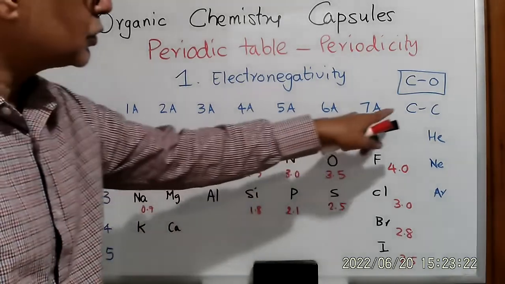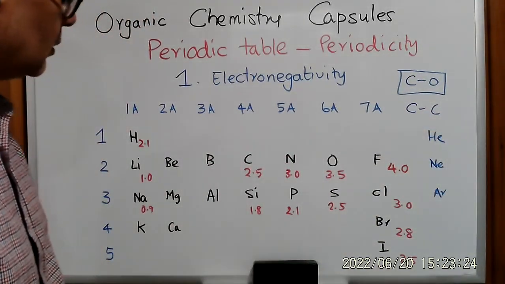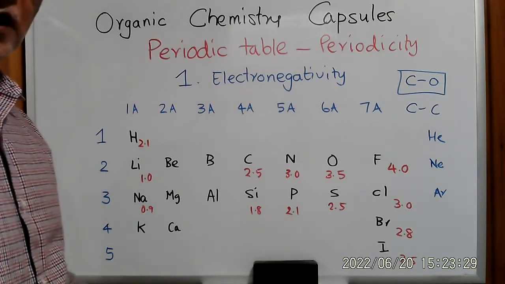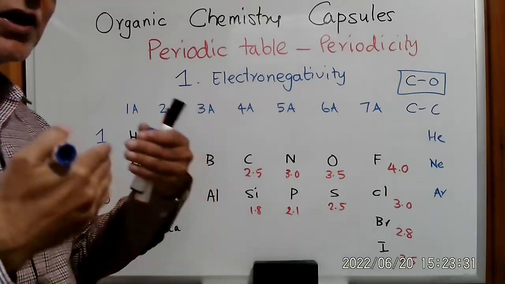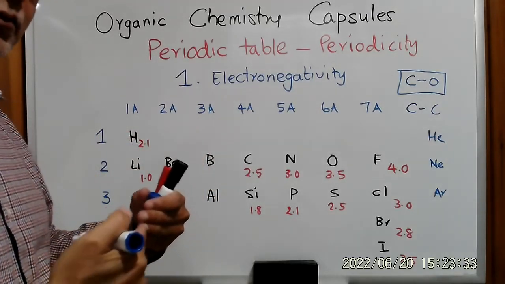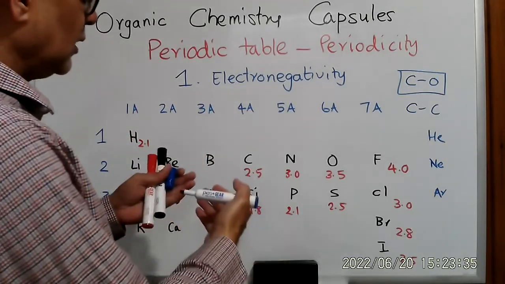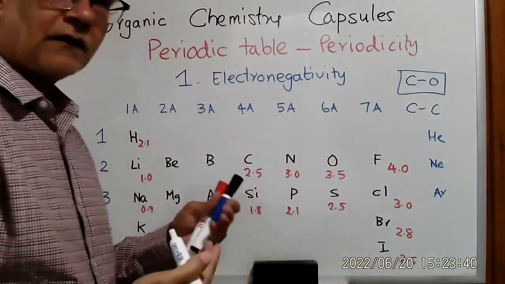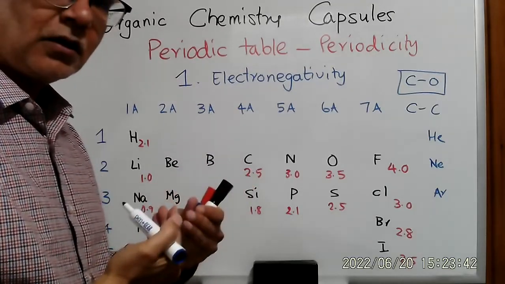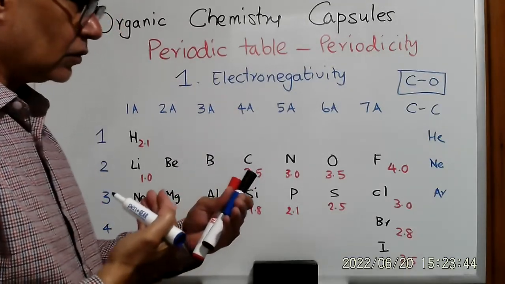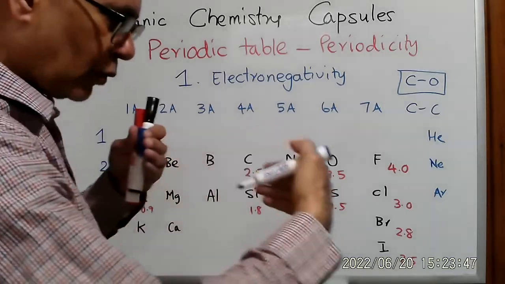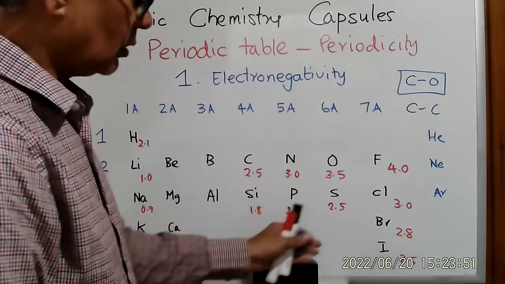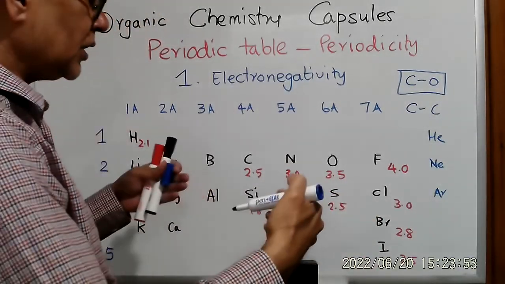If you have a bond between carbon and carbon, those two atoms have the same electronegativity, so the electrons between the two carbons are equally shared. But take carbon and any other element, there is a disparity in the electronegativity. So the electrons in the bond between carbon and some other atom, say hydrogen or oxygen or chlorine, are not shared equally.